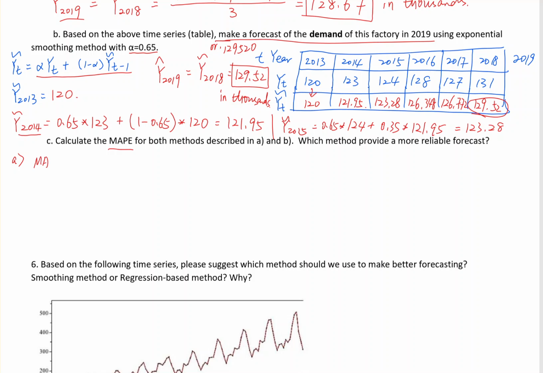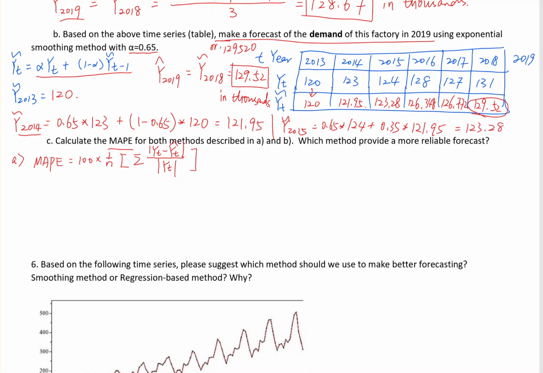Right, so we need to calculate the MAPE by formula. What is the MAPE formula? It is 100 times 1 over n times the sum of the absolute value of yt minus yt hat divided by yt.